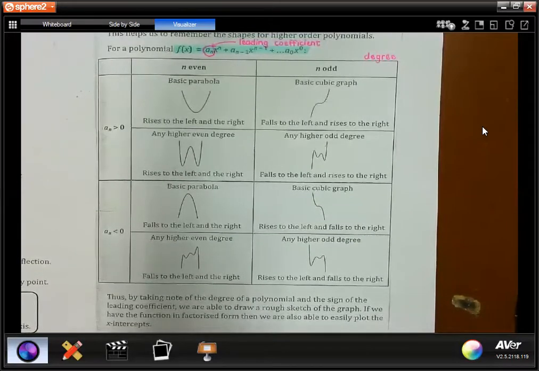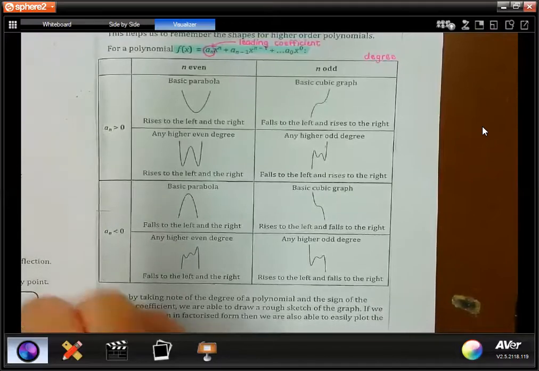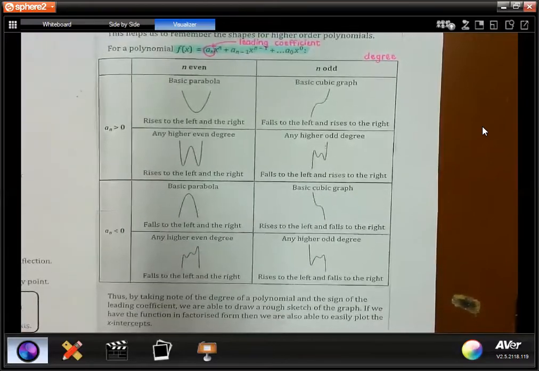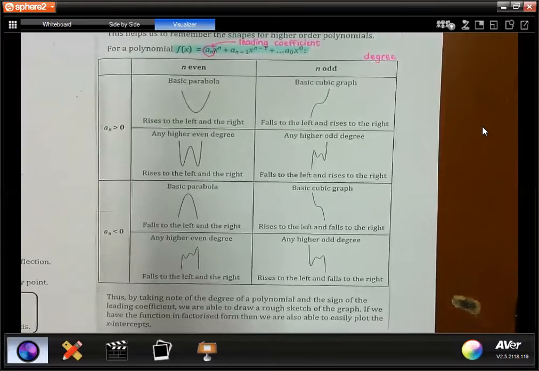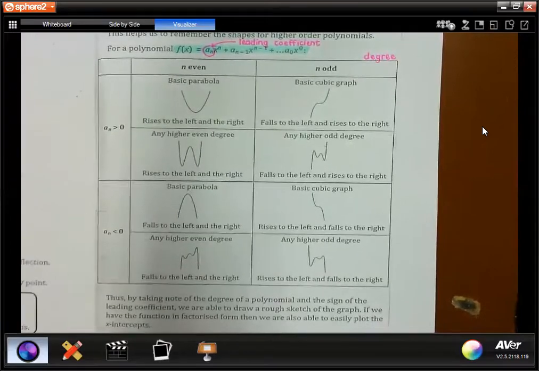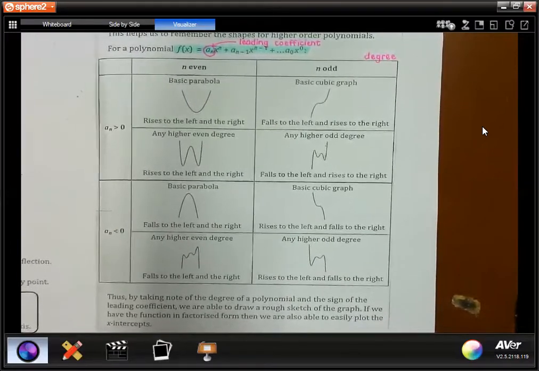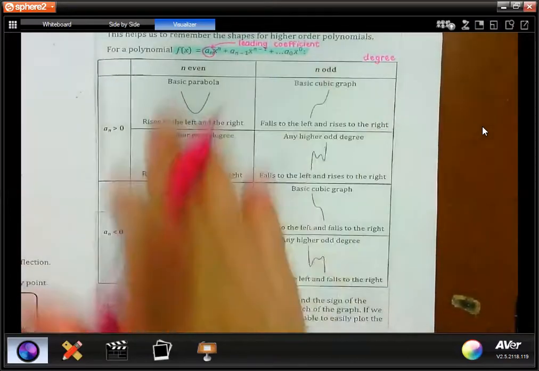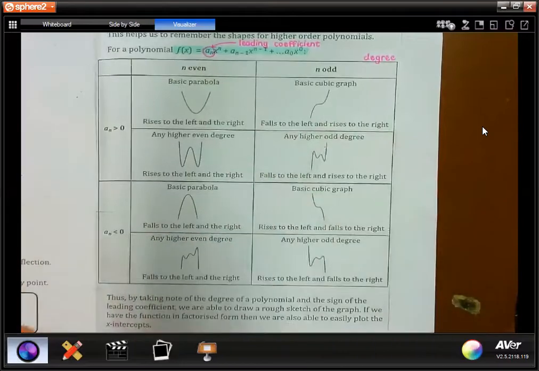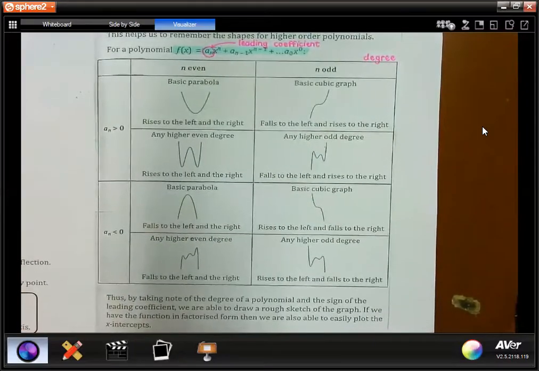Okay, guys, I'm going to give you 3 graphs to draw on your own. You're going to do this the normal way. You're going to find your y-intercept, find your x-intercept, find your turning point, plot them, all right? Connect them. And then this table could help you to figure out the shape, if your points don't give you enough information to actually draw the shape properly. Okay, so refer back to this table.